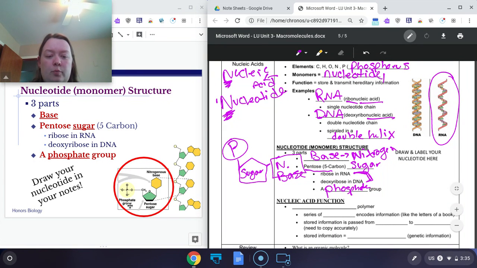Your phosphate group is always a circle and it has a P. Sugar is pentose, meaning it has 5 points. And then the nitrogen base.